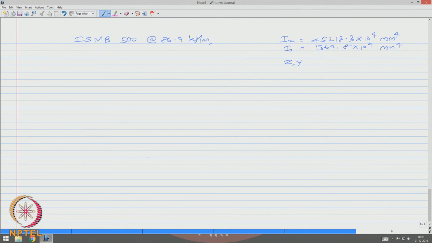The ZY planes or axes of symmetry, since IZY is 0, are also principal planes.